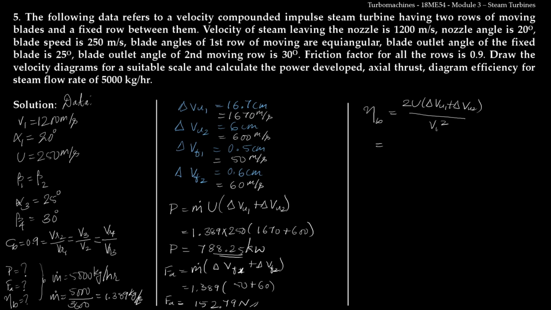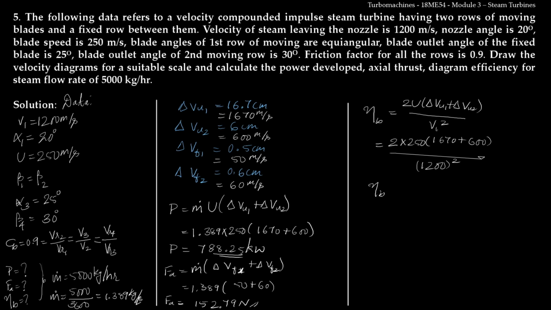Now let us substitute the values. So 2 into U is 250 multiplied by delta VU1 is 1670 plus delta VU2 is 600 divided by V1 is 1200 squared.